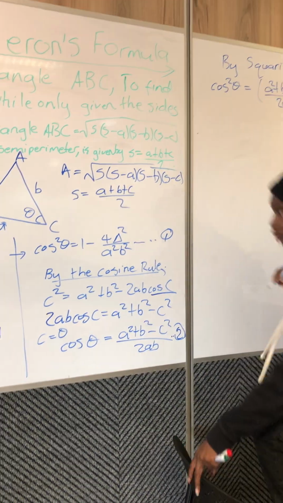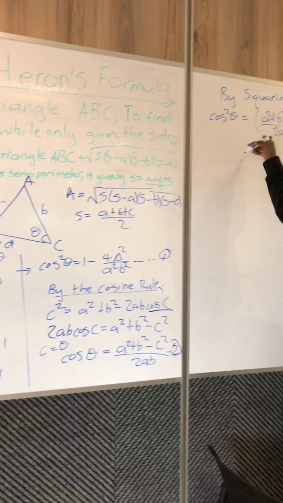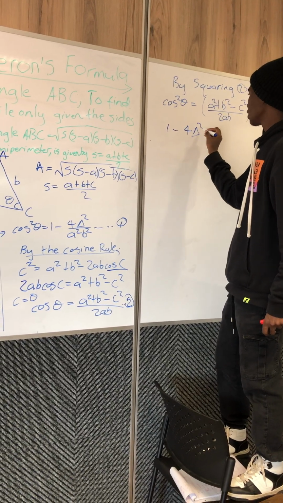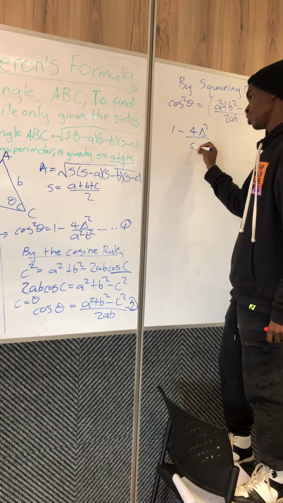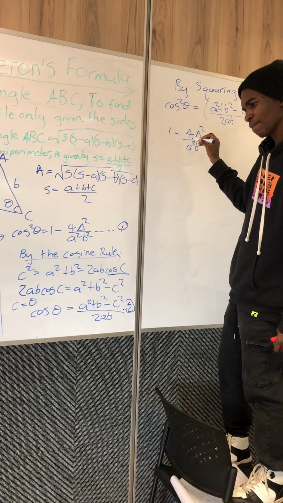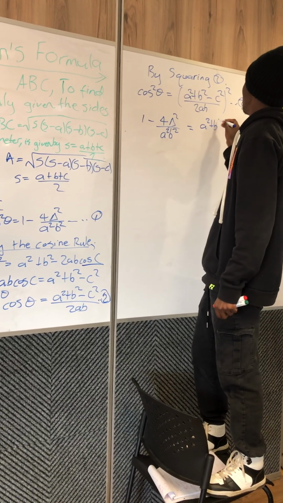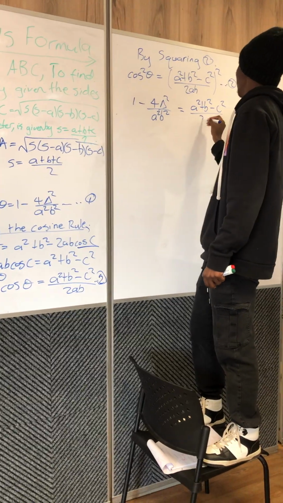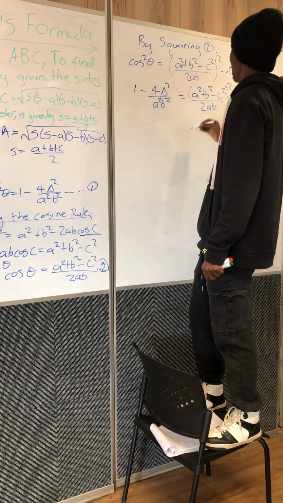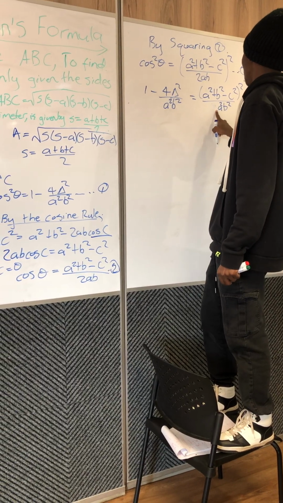And I'm now going to set them equal, since this is cosine theta and this is cosine theta. So 1 minus 4 delta squared divided by A squared B squared should be equal to A squared plus B squared minus C squared divided by 2AB, all squared. So I'll square the top part and the bottom part. 2 squared is 4, so I'll just write 4.